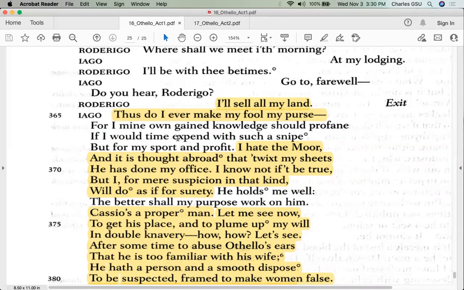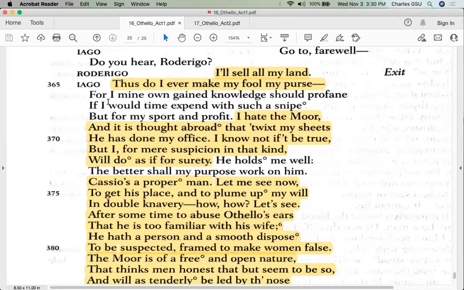So we get to learn a lot about characters in soliloquies, and in the very word soliloquy, because it's a kind of unfettered or uncensored thought or language of the character, and we get to learn about, in this case, Iago's dastardly plan.